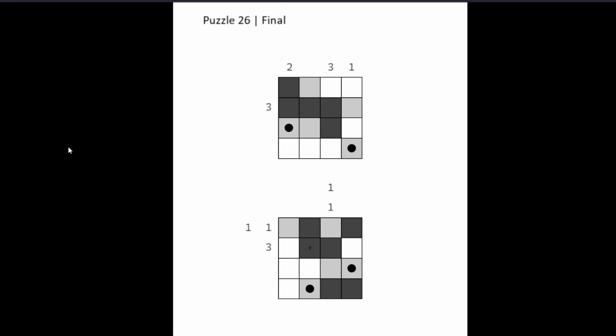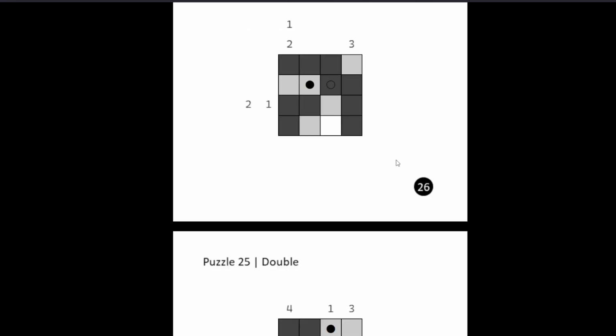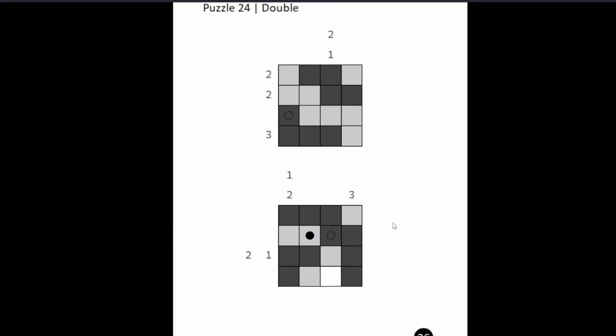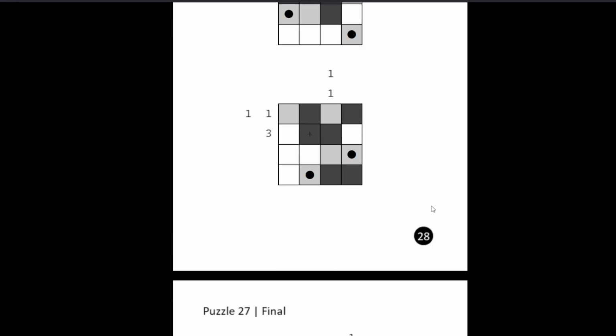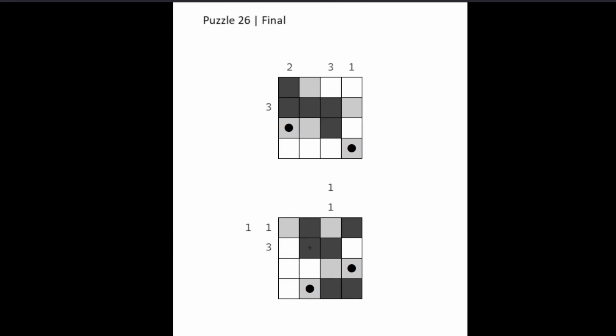I keep thinking about that earlier puzzle, right? We still haven't deduced this dang puzzle 24. Gah! I don't know. I don't know.